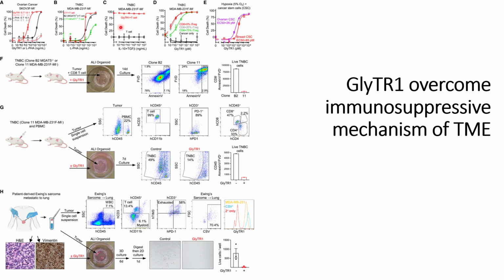But when GlyTR1 and T cells are both present, they see maximum cell death, even in the presence of cytokines, that is interleukin 10 and TGF-beta, which are also types of immunosuppressive factors.